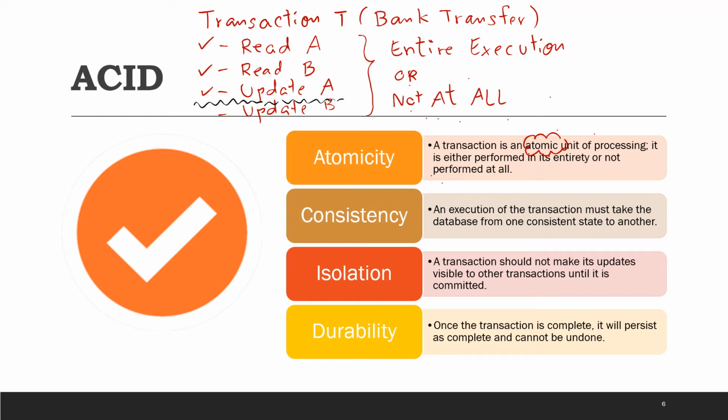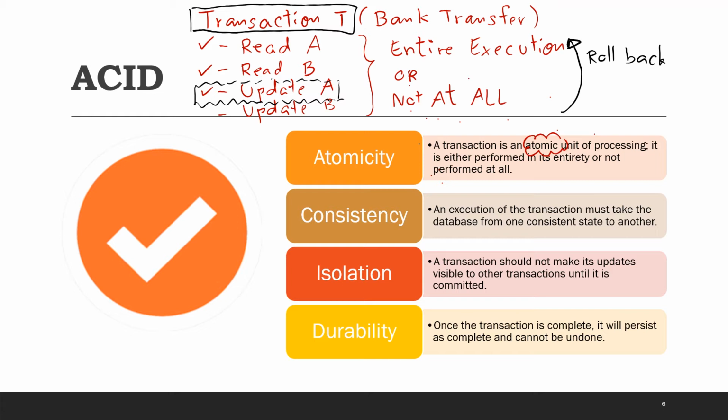the system will need to ensure that this transaction T that has partially executed will need to roll back to the previous state before transaction T executes. That means the update to account A should be rolled back, meaning that the balance of account A should be restored to the previous value, right?